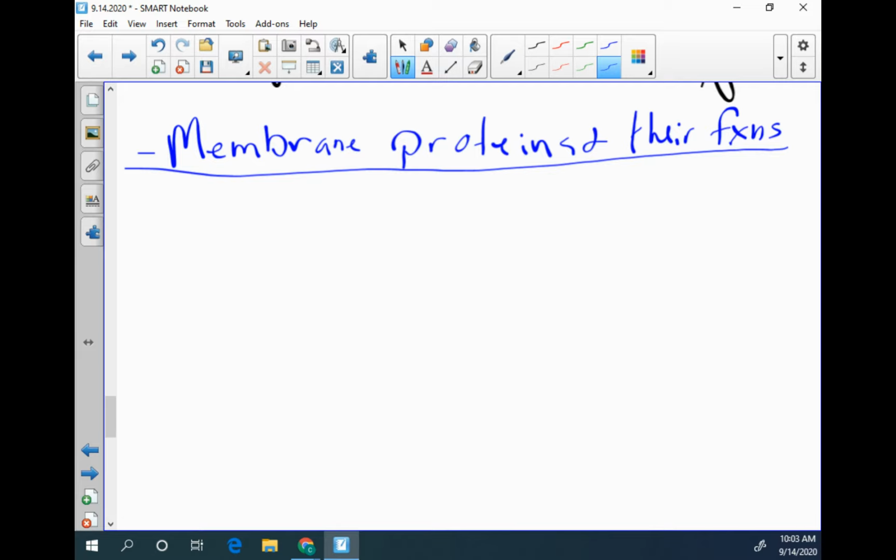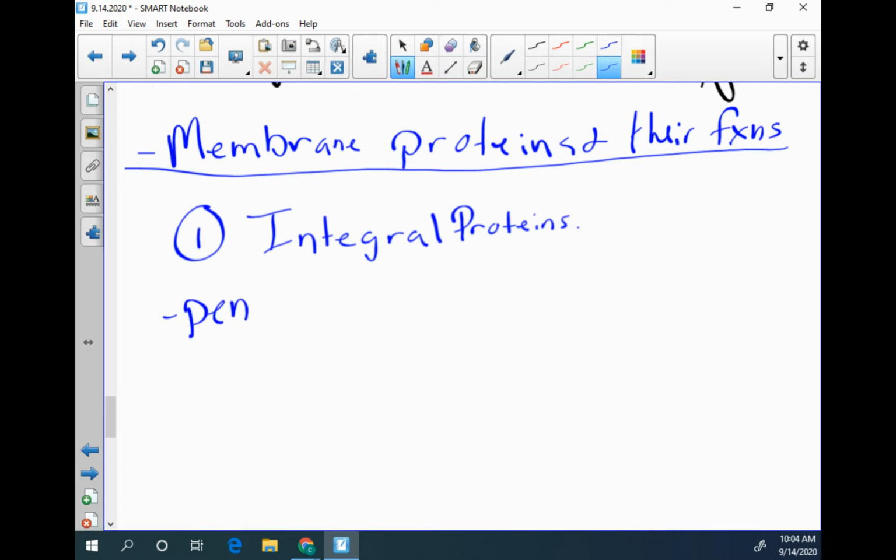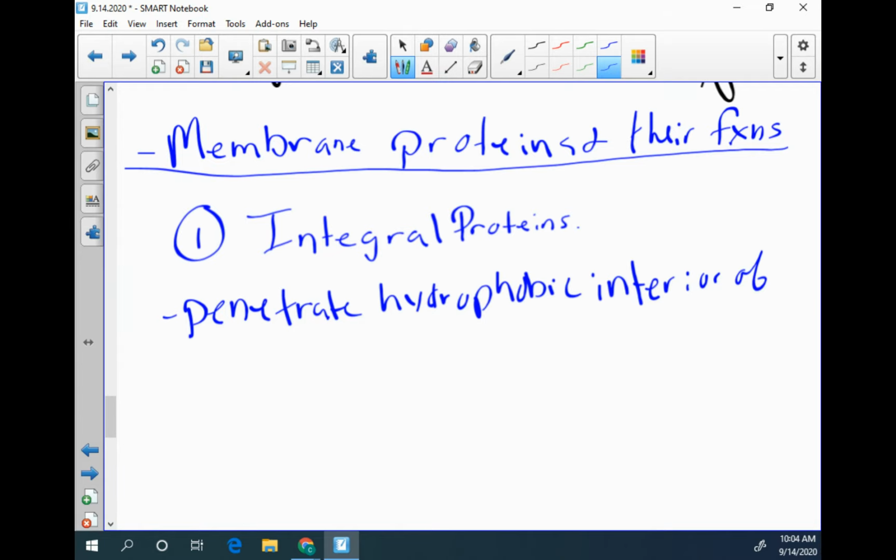There are two types of membrane proteins. The first type are integral proteins. Integral proteins penetrate the hydrophobic interior of the plasma membrane.